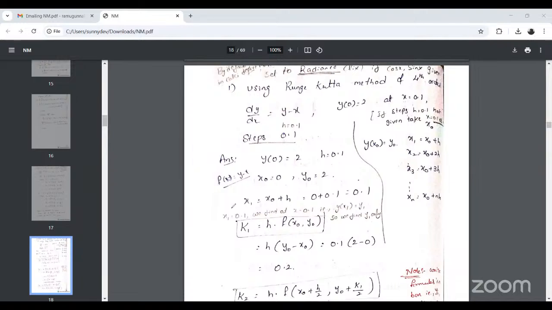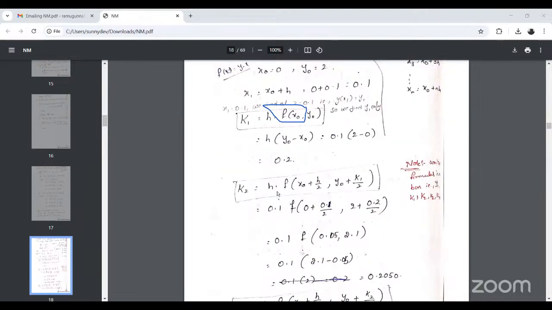So K1 equals h into f of x naught comma y naught, that is h into y naught minus x naught. That is 0.1 into 2 minus 0, then we are getting 0.2. Okay, and next K2. K2 is h into f of x naught plus h by 2 comma y naught plus K1 by 2.